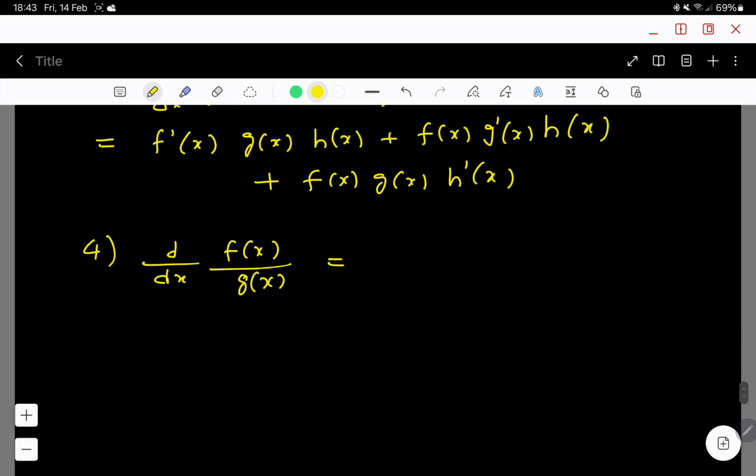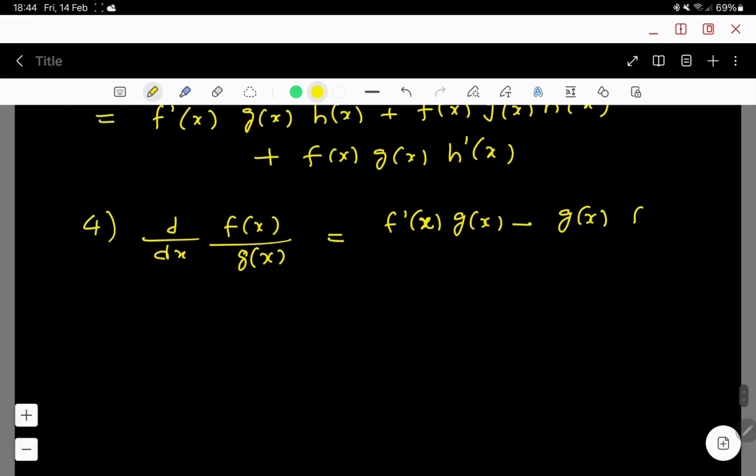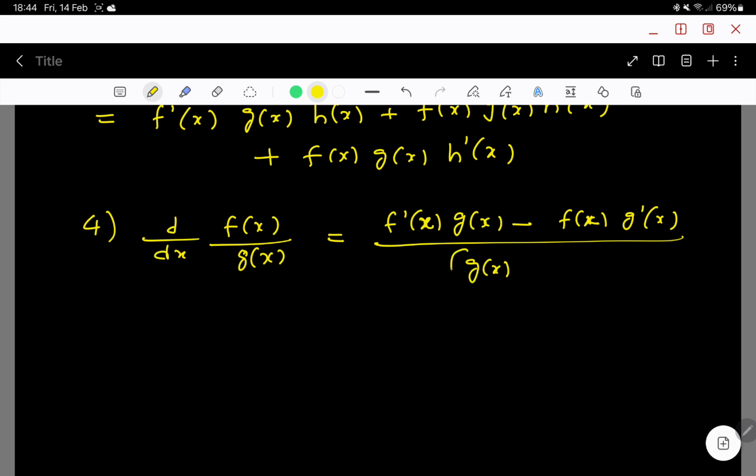Okay. First write, first differentiate this f of x, f dash of x into g of x. Right, minus, write f of x, differentiate g of x, we get g dash of x divided by g of x the whole square.